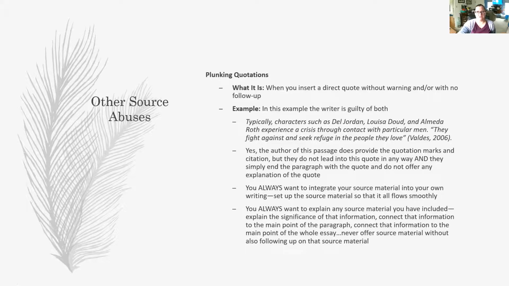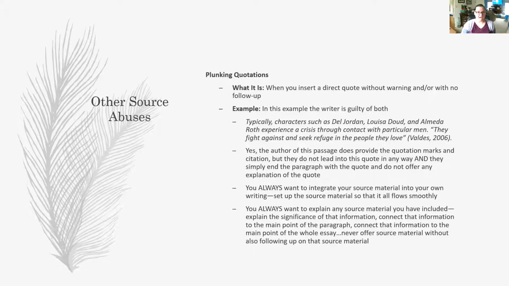Integrate and follow up. We are going to look more at how to integrate in week 5, but it's up to you to follow up on it. I can help you learn how to integrate the source material, but you have to take the time to provide the follow-up where you explain what that quote means, explain how it helps support that main idea you're discussing, how it connects to the main point, how it connects to your thesis.